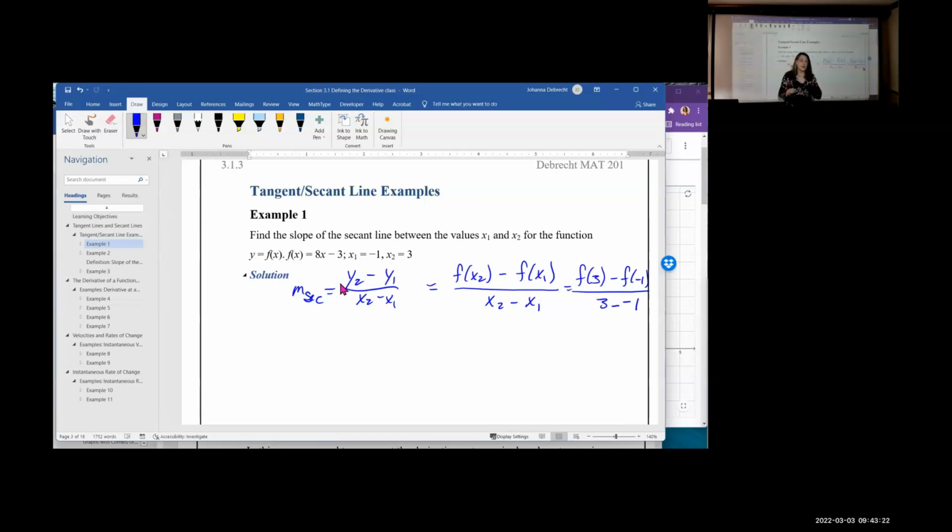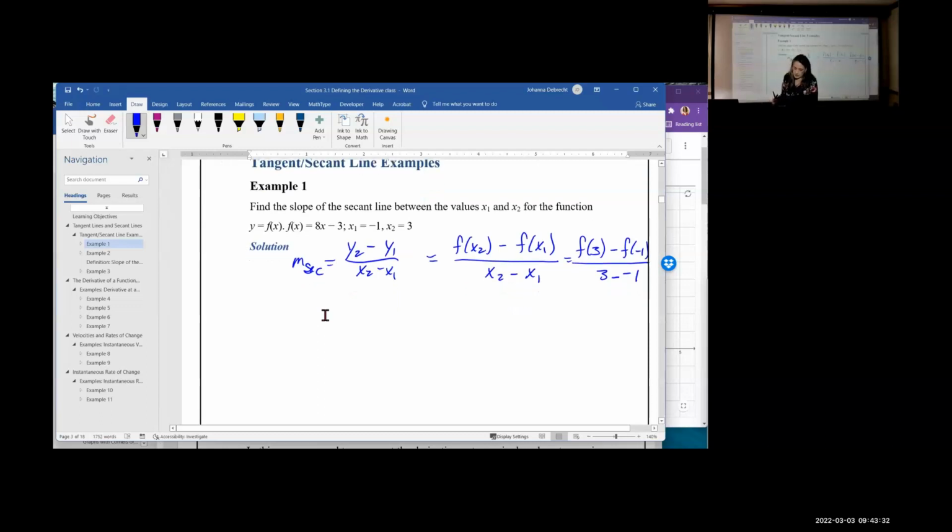The things to watch out for are the double negatives. The formula has a subtraction in both the numerator and denominator. If the number is negative, it's a double negative, right? So f of 3 is going to be 8 times 3 is 24, minus 3 is 21. F of -1 would be -8 minus 3 is -11. Notice that gives us a double negative in the numerator, and we already had the double negative in the denominator, okay?